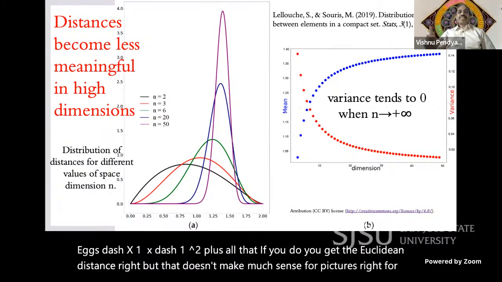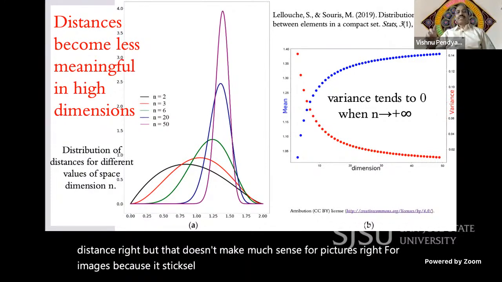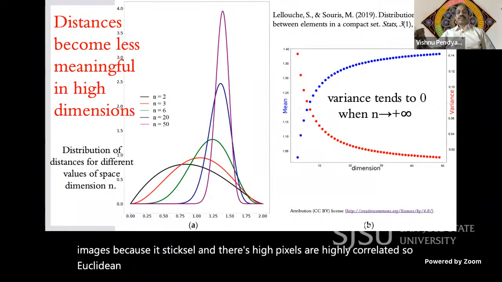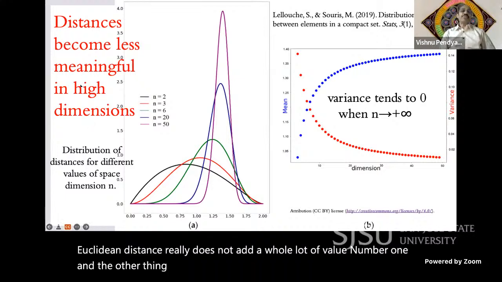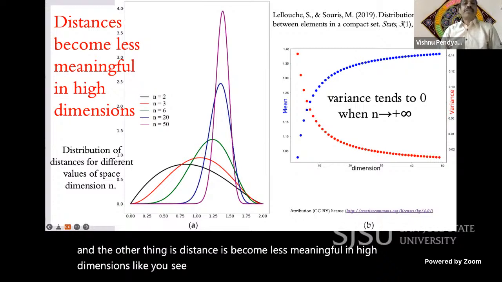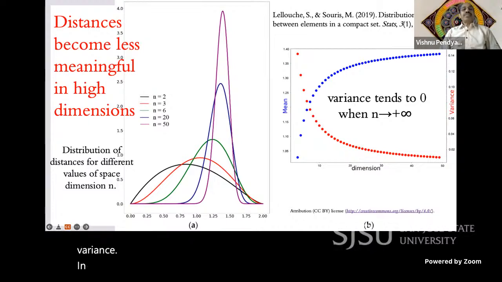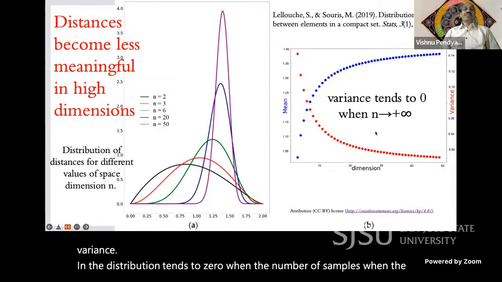For images, because the pixels are highly correlated. So Euclidean distance really does not add a whole lot of value, number one. And the other thing is distances become less meaningful in high dimensions. Like you see here, this is from a paper listed here. The variance in the distribution tends to 0 when the number of dimensions tends to infinity.